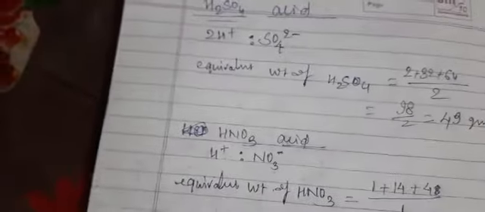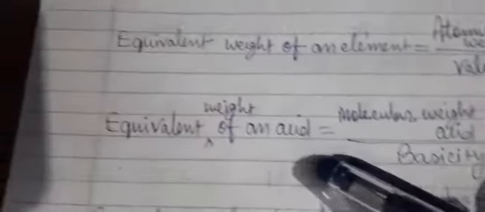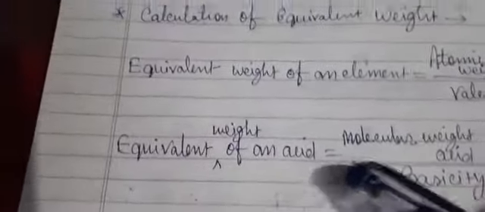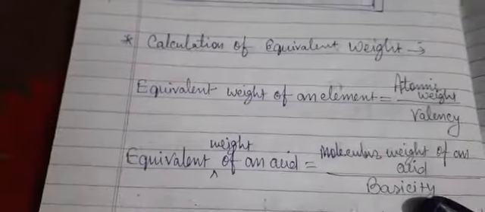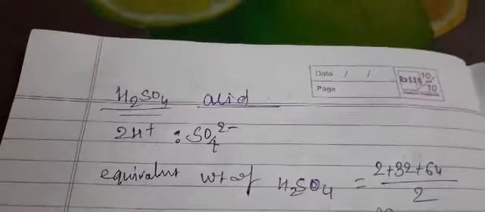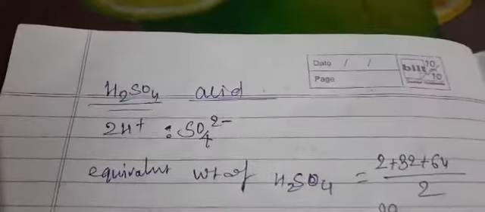Now we can use the formula taught earlier to calculate the equivalent weight of an acid. The equivalent weight of an acid is the molecular weight of the acid divided by basicity. We have taken sulfuric acid here. It gives 2 H plus ions, so its basicity would be 2.